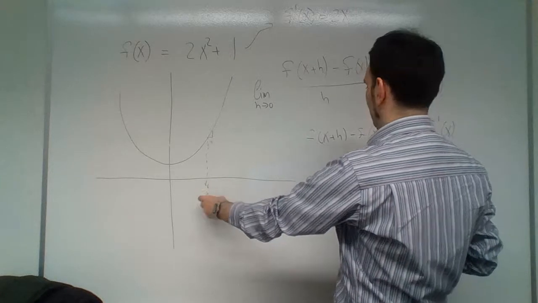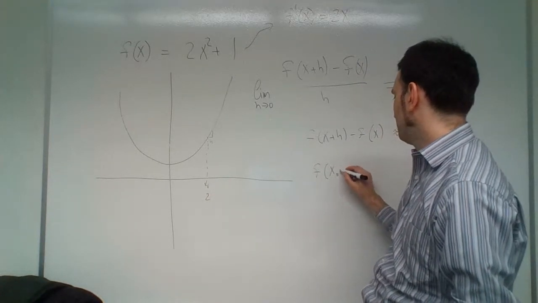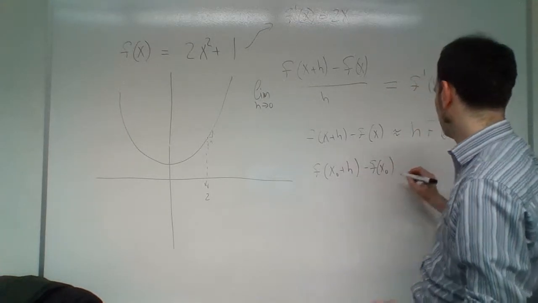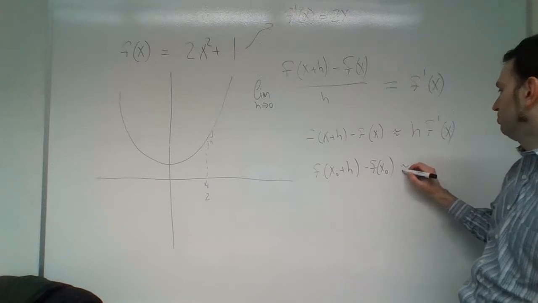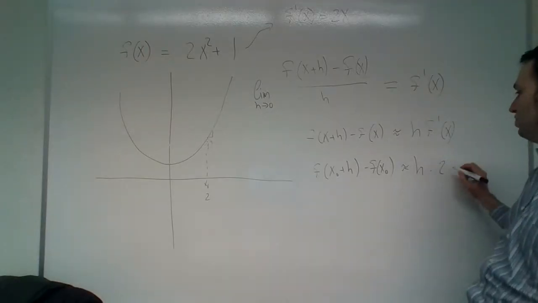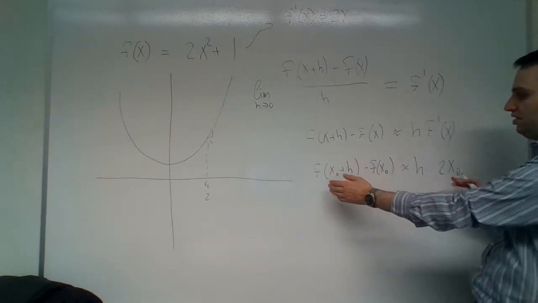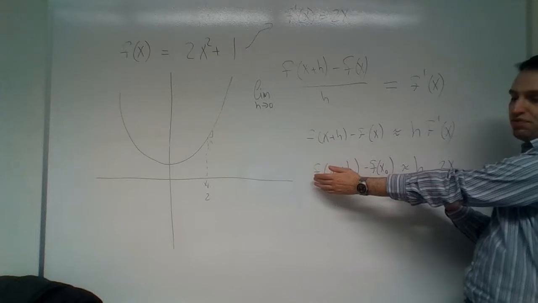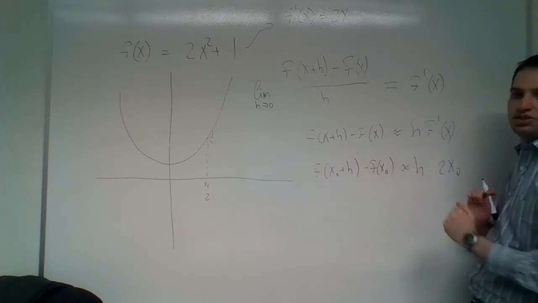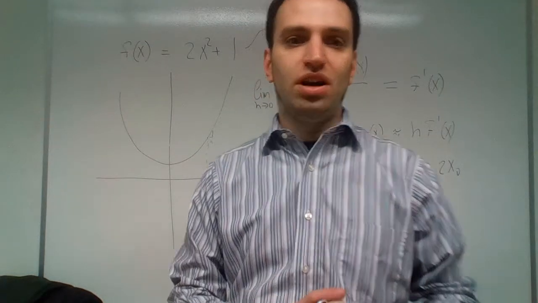So if x0 equals 2, then we can say f of x0 plus h minus f of x0 is equal to h times 2x0. And then you can just substitute 2 and you'll get an estimate for how large this difference is in those terms. Okay? So that's derivatives of functions of one variable.